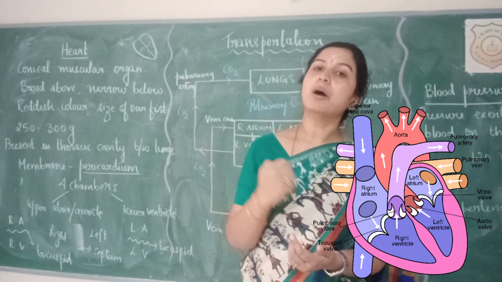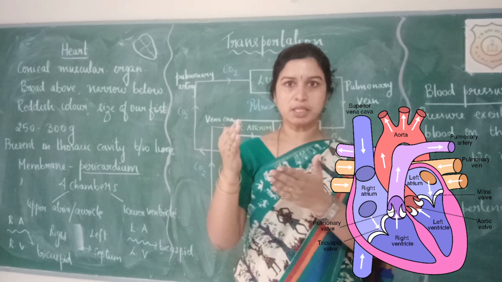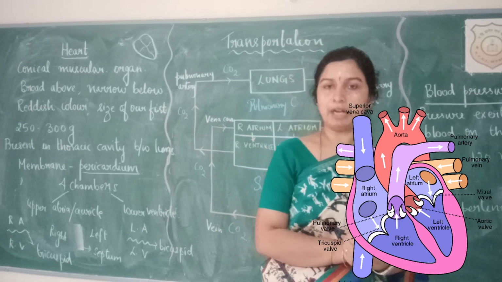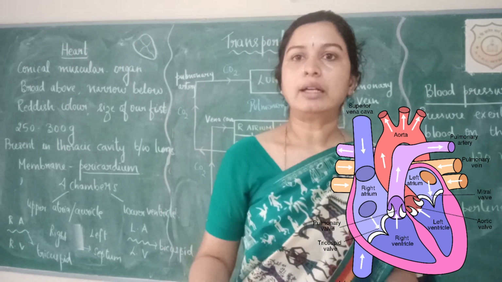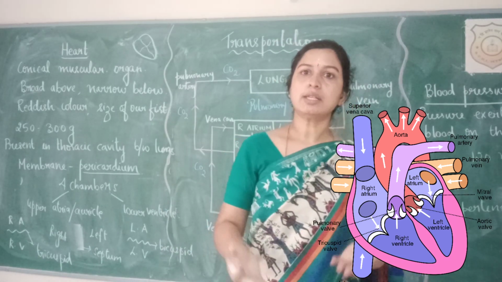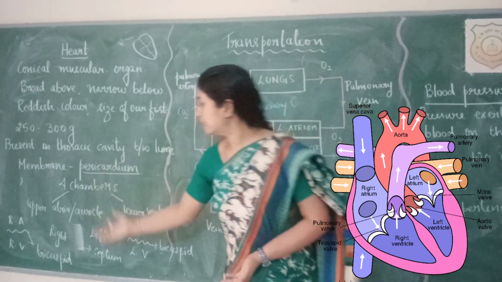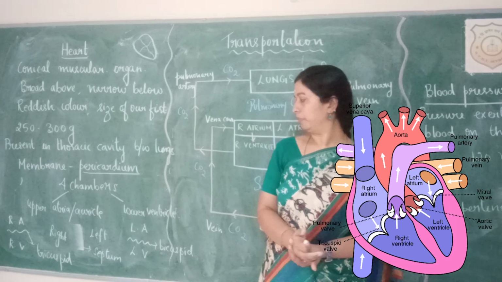When we are learning about circulation, we will see that on one side of the heart only oxygenated blood flows and on the other side of the heart deoxygenated blood flows. So to prevent the mixing of blood, the heart is divided into different chambers and the chambers are separated through different membranes. So the right side and the left side of the heart are separated by septum.